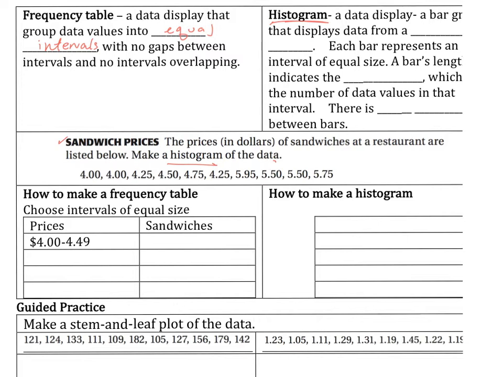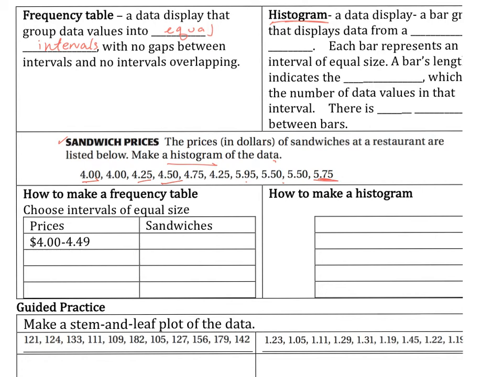By looking at all the prices, my lowest price is $4 and my highest price is around $5.75. So then I'm going to establish an interval here, and I see that I have $4.25, $4.50. So I'm going to do an interval of $4 to $4.49.